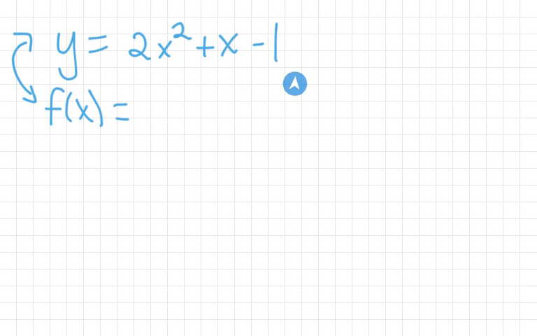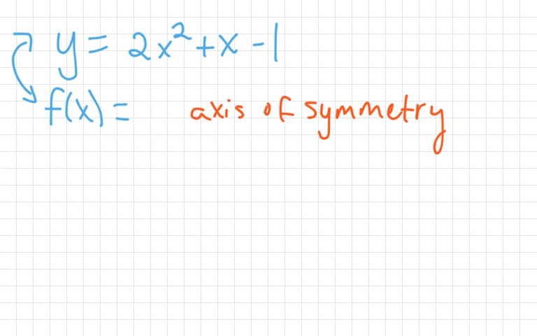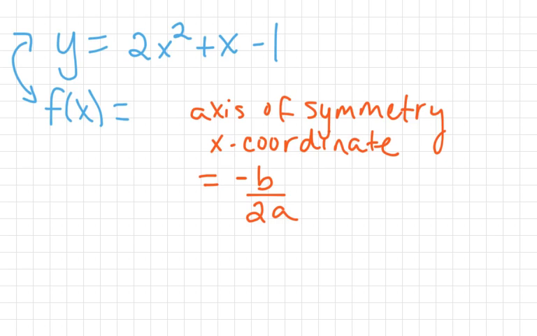To find the axis of symmetry, there is a little formula we can use. The axis of symmetry, in this case our x-coordinate, can be obtained by plugging numbers into negative b over 2a. Again, that's our x-coordinate.